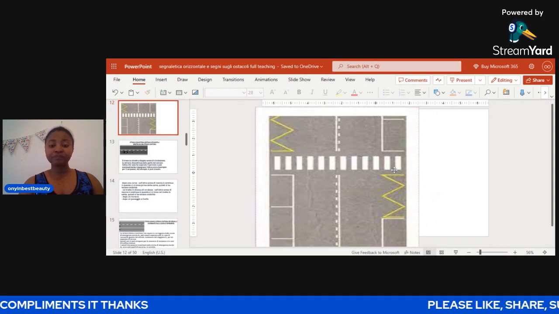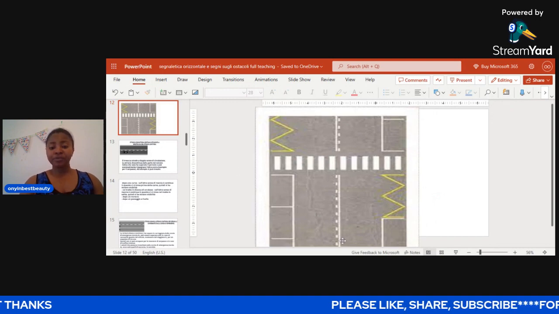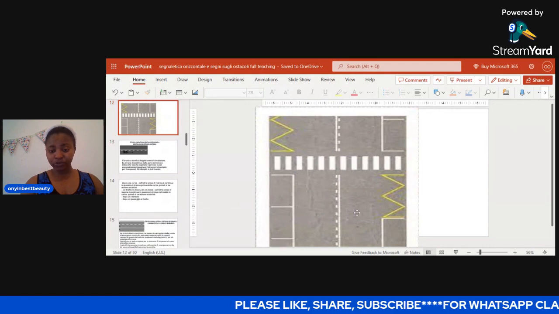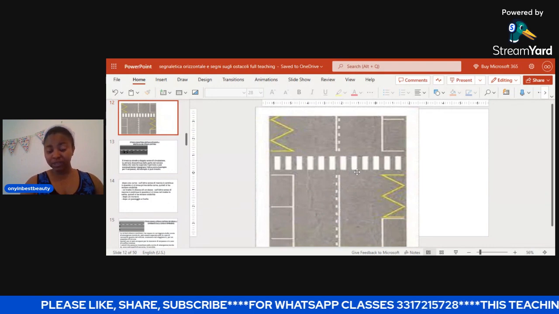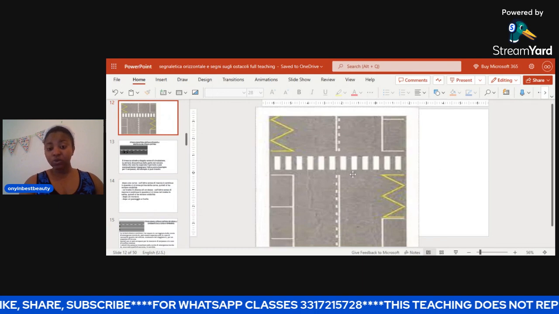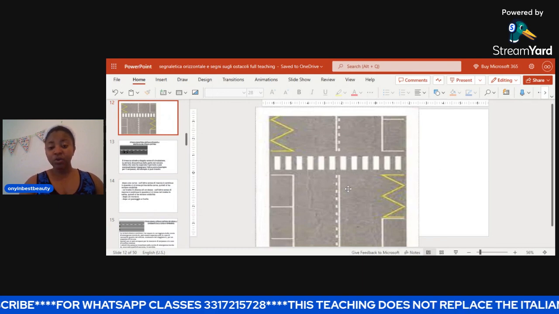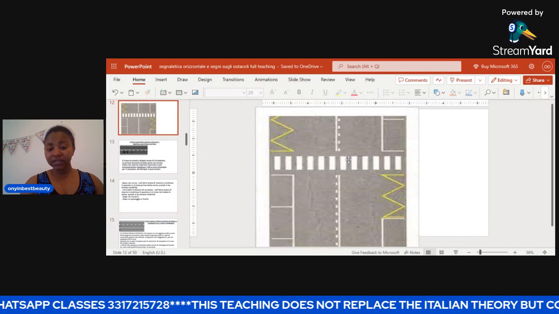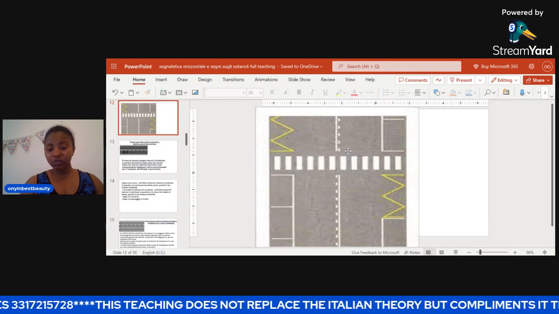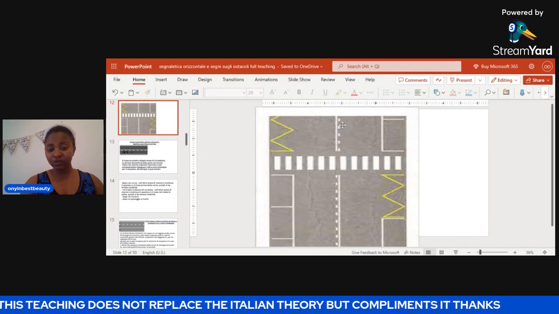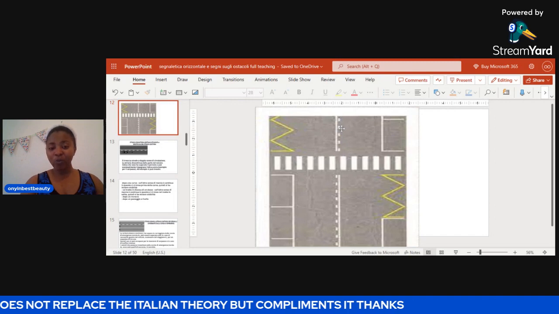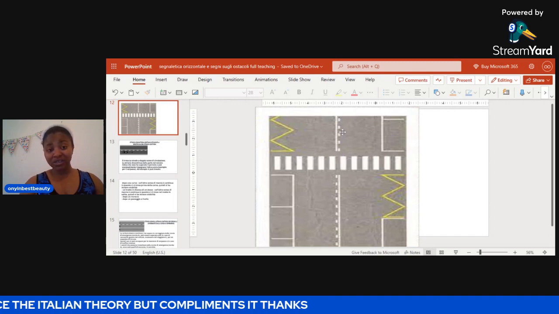attraversamento pedonale. Before this particular place, when you drive this way, you will see a continuous line telling you that you approach this place. This is a danger zone. Immediately you climb over this attraversamento pedonale, you will begin to see this discontinuous line here telling you, welcome, you just crossed over this danger.